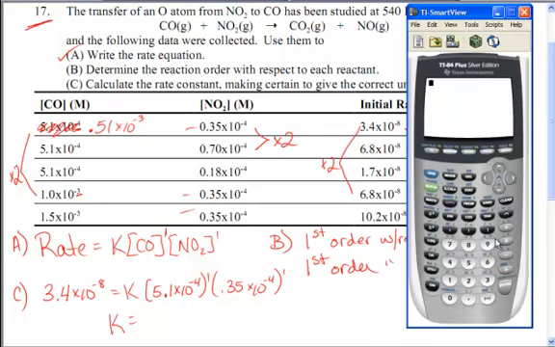So I get rid of all this garbage that's there. 3.4 times 10 to the negative 8 divided by 5.1 times 10 to the negative 4 times 0.35 times 10 to the negative 4. Enter. Oops, I hit the wrong button. There we go. And I get 1.90.